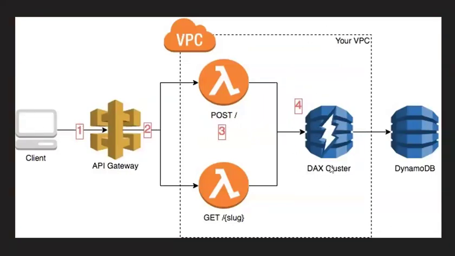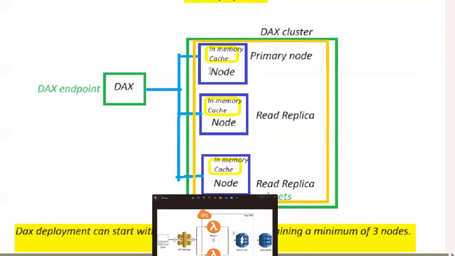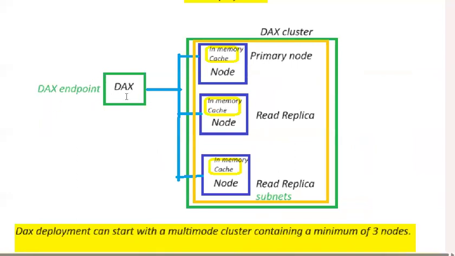So let's focus more on this DAX cluster. Whenever a request is received by this DAX cluster, how is it received? By using the DAX endpoint. Then by using what will it send back the data?